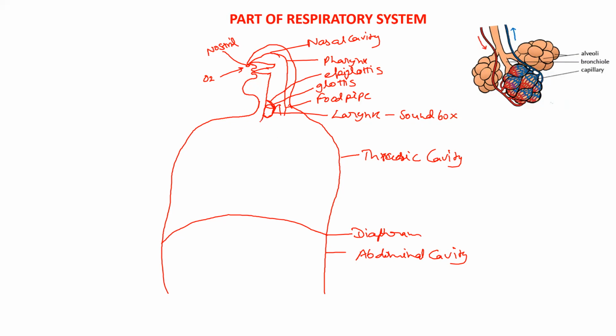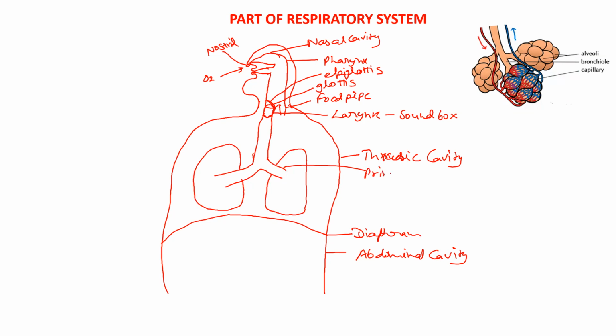Now, the larynx leads to a tube-like structure called the trachea. This trachea divides into two bronchi, one in each lung. Okay. So this is called the primary bronchi. And it is the trachea.